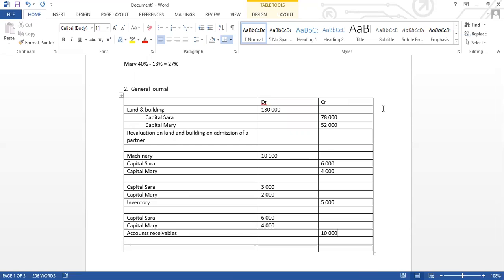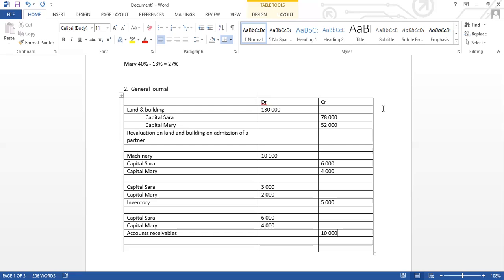Then you share the profit using the old profit sharing ratio, distributed among the old partners only. If it's a loss, if your assets have decreased in value, then obviously you made a loss, so you have to debit your capital accounts, still using the decreasing amount. So that's basically what you need to know.